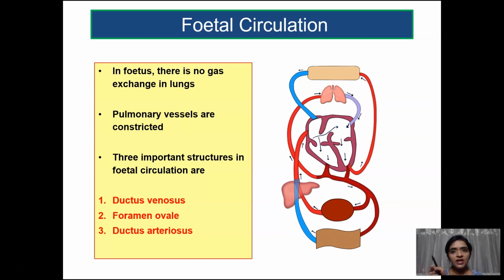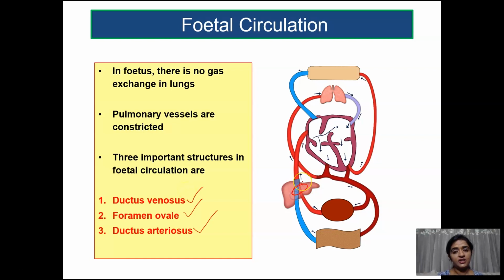So when you think about fetal circulation and when you write about fetal circulation, you have to mention 3 important structures. One is ductus venosus, the second one the foramen ovale, and the third one ductus arteriosus. These 3 important points you should mention when you write about fetal circulation. So where will you look for ductus venosus?